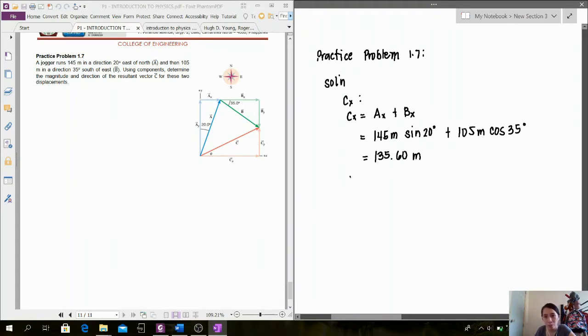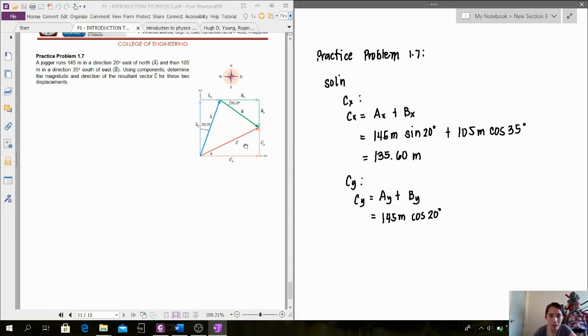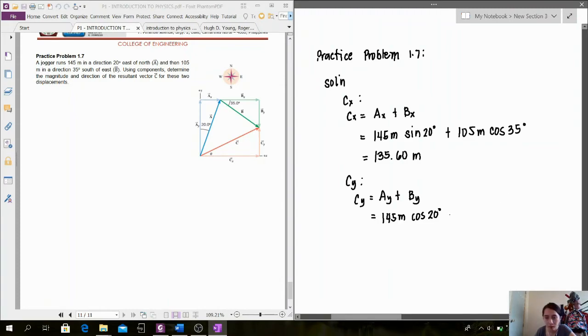As for the y component of the resultant vector C, we have Cy is equal to Ay plus By. So we have 145 meters times the cosine of 20 degrees. And this is positive since we are heading north, or it is along the positive y. And for the y component of vector B, we have to use the negative sign since it is directed to the south.